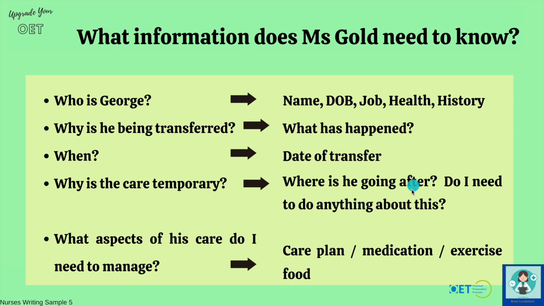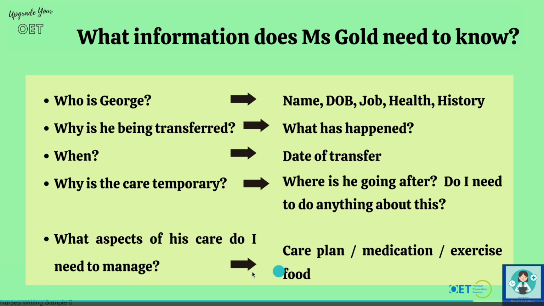You need to provide the reader with this information because Miss Gold is going to ask these questions to herself. You need to answer them in your letter. And finally, what aspects of his care do I need to manage? That's another question Miss Gold is going to ask.